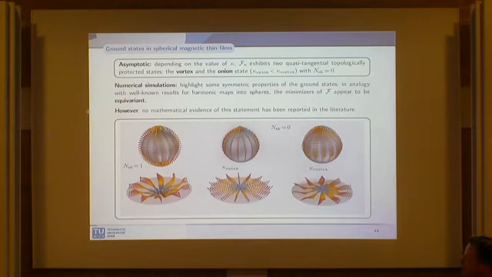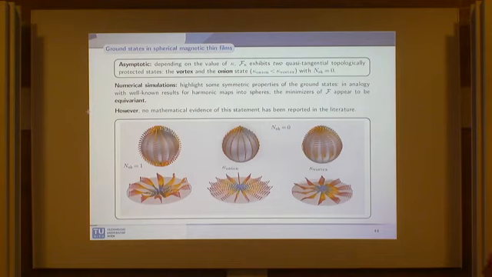What we can say for kappa greater than 0 is almost nothing. We can just trust some experimental and numerical simulations, which show that for kappa greater than 0, there are two quasi-tangential topological projected states, which are called the vortex and the onion. This is the vortex state and this is the onion state, and they both have topological degree 0.